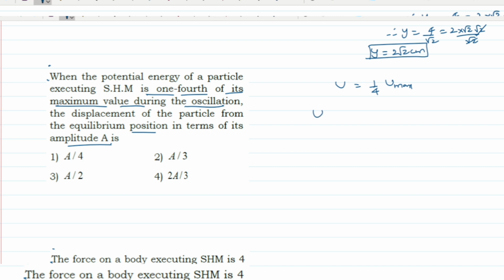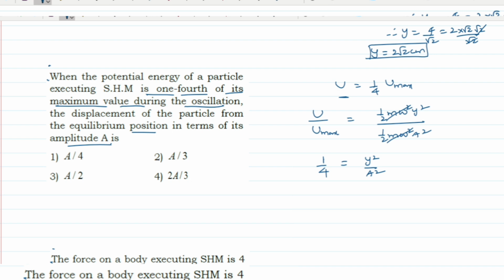When you are talking about the potential energy of the particle for a given displacement, the potential energy U is half m omega square y square, taking the given displacement as y. And the maximum potential energy formula is half m omega square a square. But U is given as 1/4 of U maximum, so when you substitute this U value, 1/4 equals, the half m omega square gets cancelled, y square by a square.